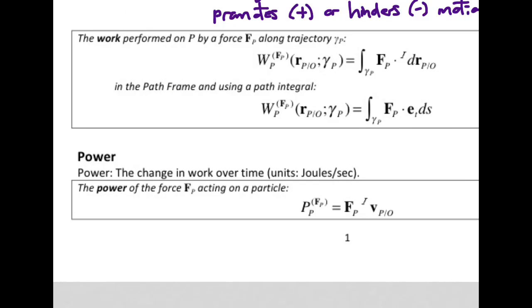So if work is the amount of energy that it takes to move a particle along a path, then we need to be able to characterize the ability to do that. And so we do that by using power. So power is quite simply the change in work over time. So we end up with the units of energy per second, so it's joules per second. And as work is being done, then we're developing power.